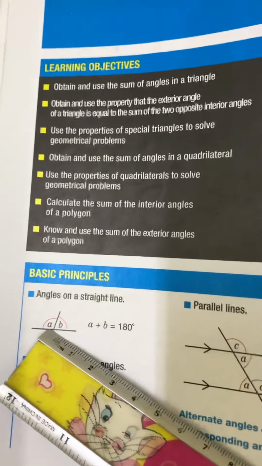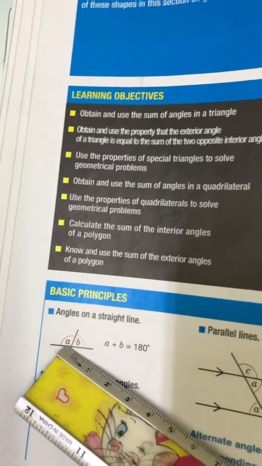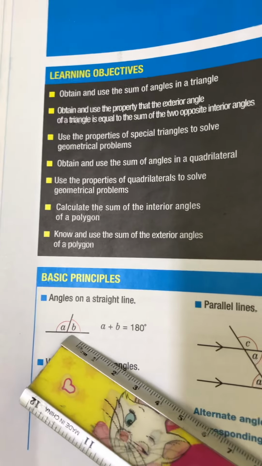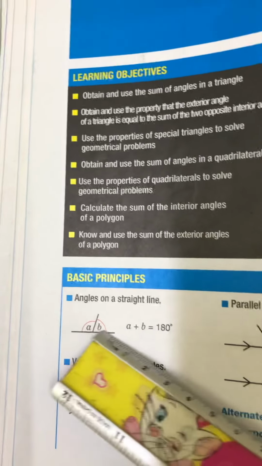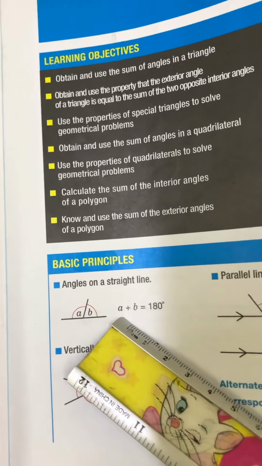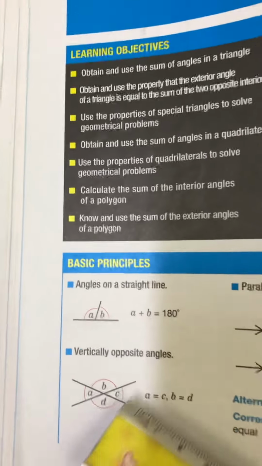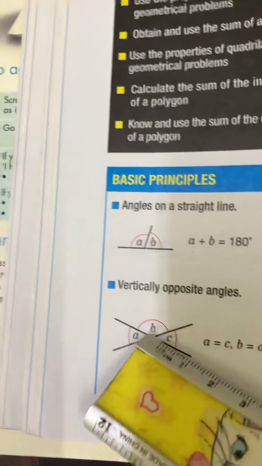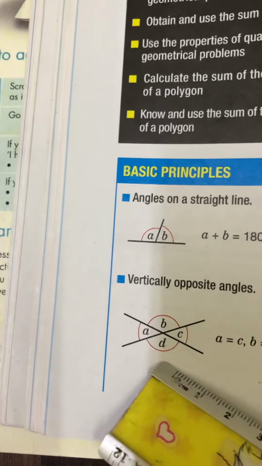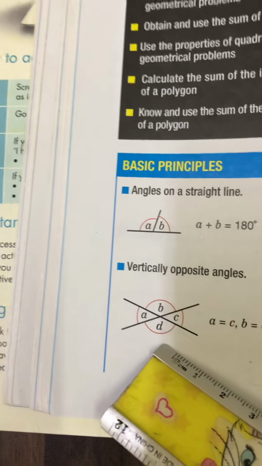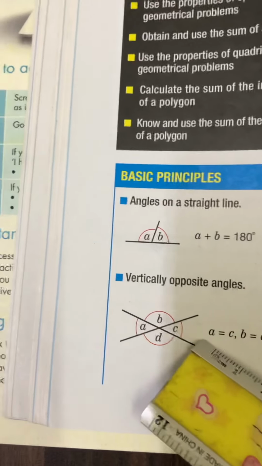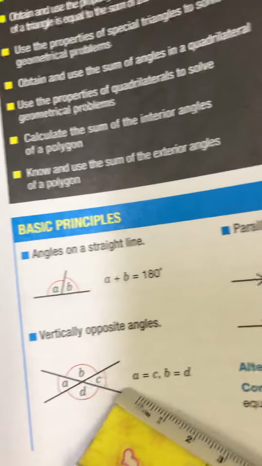If you have 3, 4, 5, the sum will also be 180. We can say supplementary angles, or straight line angle, 180. If you have two lines intersecting each other like this, we have vertically opposite angles, congruent to each other, like B and D, like A and C.